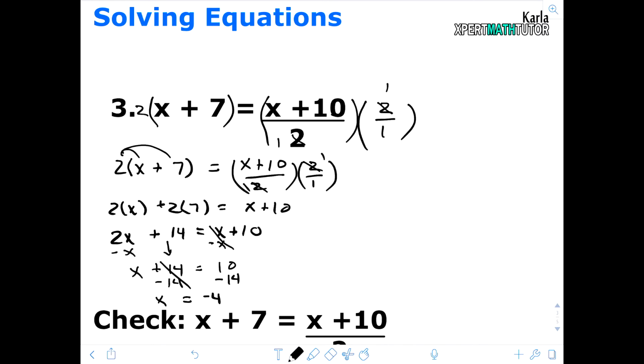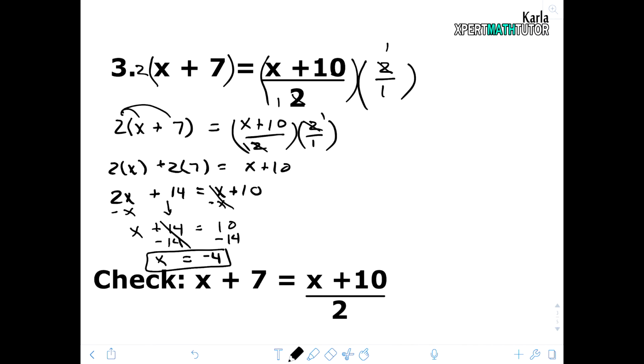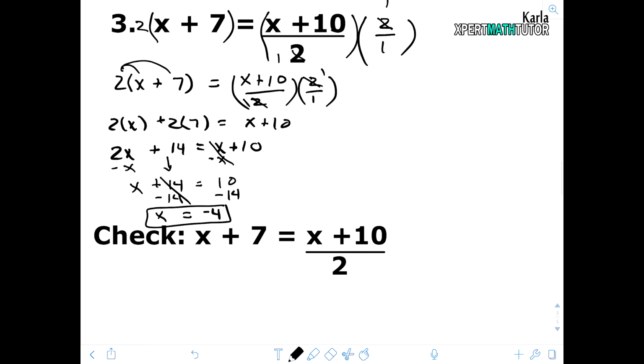So let's check our answer. Wherever there's an x in our equation, we're going to replace it with negative 4. So I see x right here, that's negative 4 plus 7 is equal to x negative 4 plus 10 divided by 2.